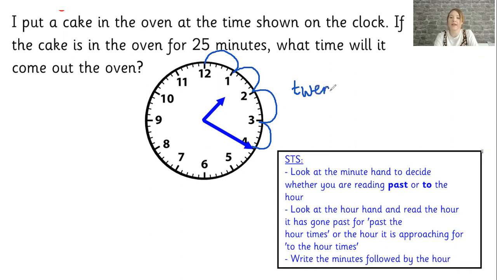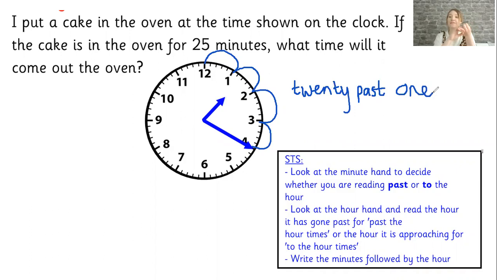So 20 past. What is it, 20 past? Let's look at the hour hand. It's pointing past the 1, so it's 20 past 1. So we've looked at the minute hand to decide whether we are reading past or to. We're reading past. We look at the hour hand and read the hour it has gone past, so that was 1.